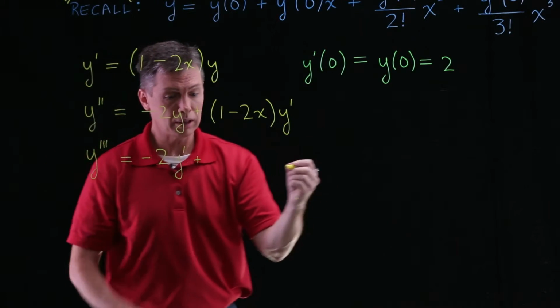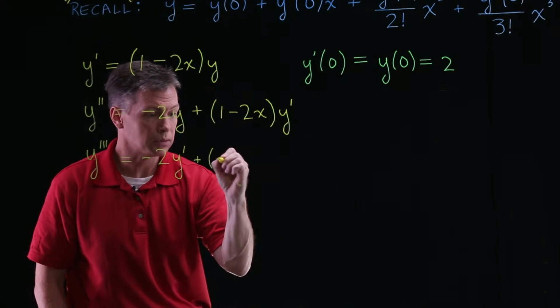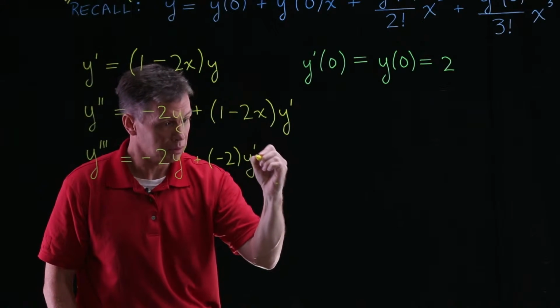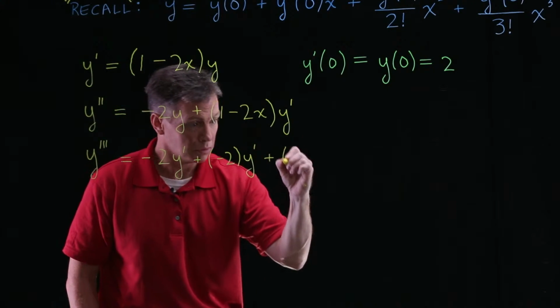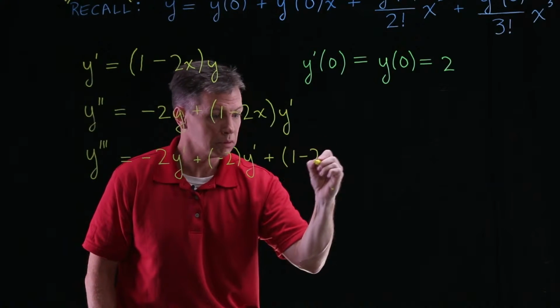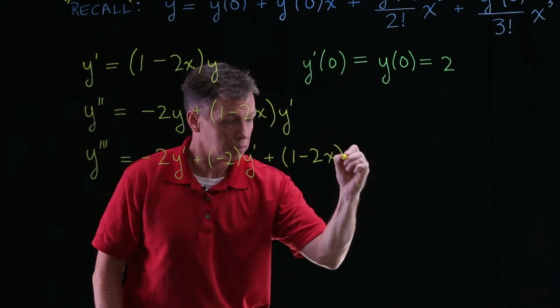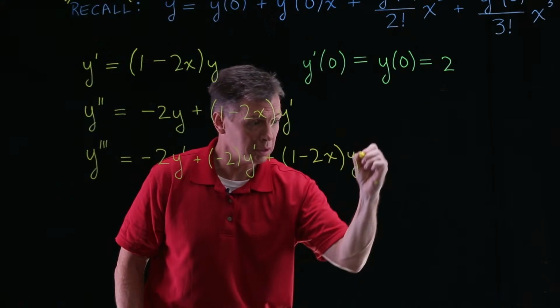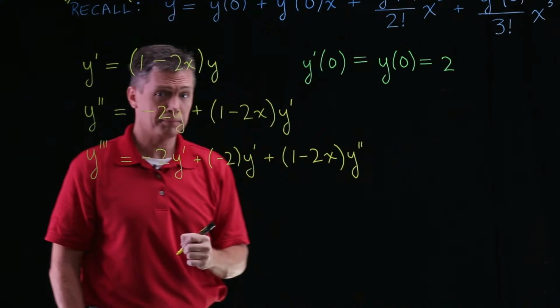Here's a product rule again, so I'm looking at a minus 2 times the second left alone plus the first left alone times the derivative of the second. So now when you're differentiating y prime, you're going to bump it up to y double prime.